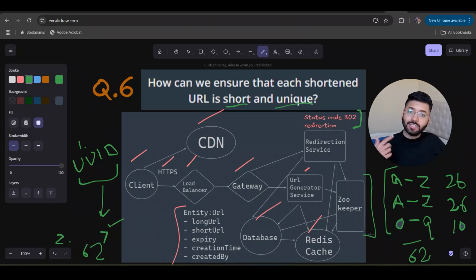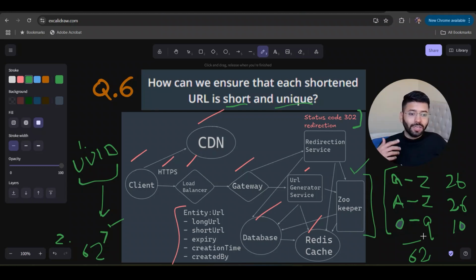Or, as I included Zookeeper, we could use a centralized distributed system like Zookeeper. The responsibility of Zookeeper would be to give an incremented number each time. Because it's a centralized and distributed system, the problem of multiple requests coming and multiple servers would be handled by Zookeeper itself. So it will give us an incremented number.